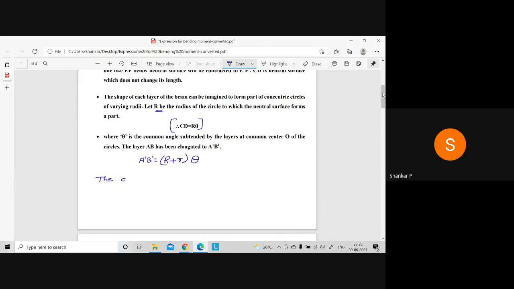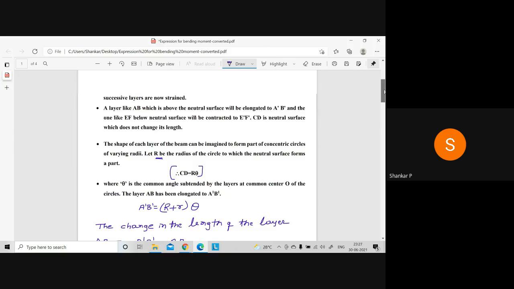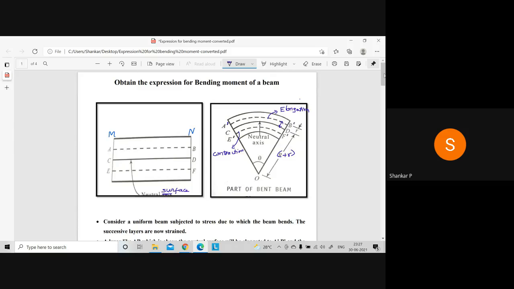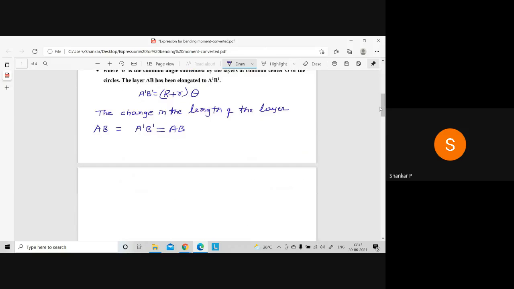Hence, the change in the length of the layer AB is A dash B dash minus AB. We can see from the first diagram that before subjecting to stress, AB is equal to CD, and CD is shown to be equal to R theta.